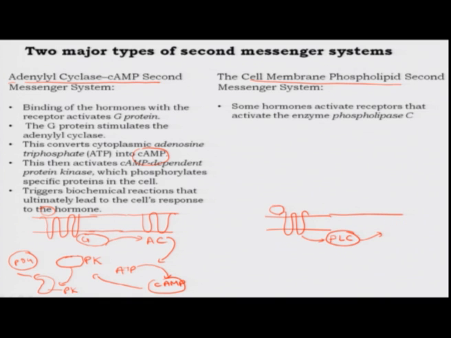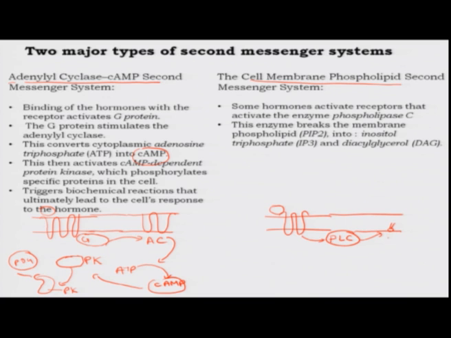This phospholipid has a polar head group and two hydrocarbon chains which are hydrophobic in nature. Phospholipase C splits this molecule, which is PIP2, into two components, IP3 and diacylglycerol or DAG.